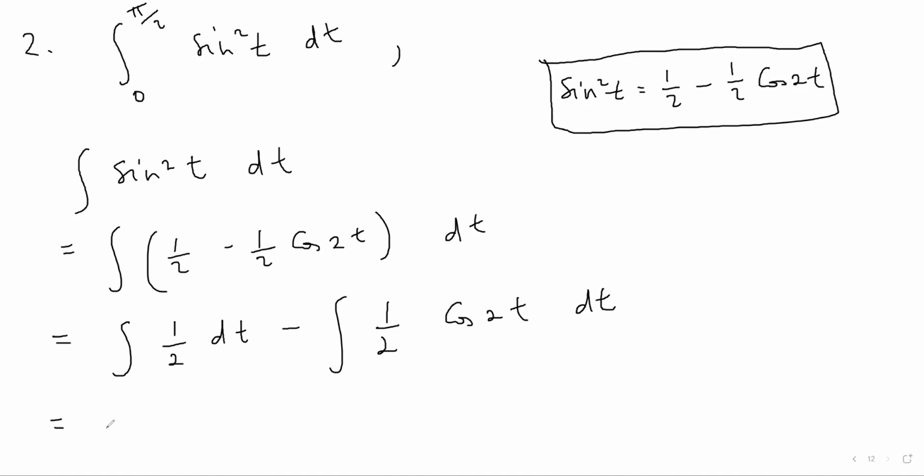The integral of half dt obviously is half t. Then we go minus the integral of half cos 2t.